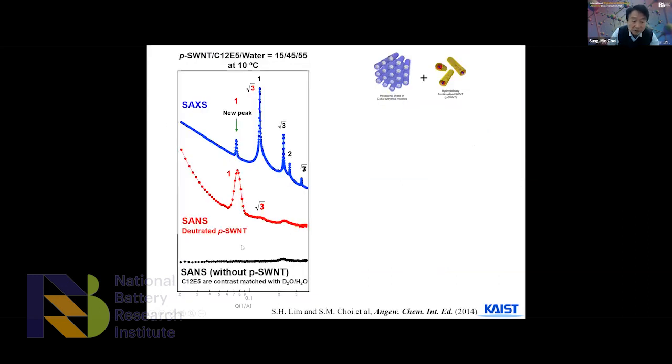So this is the contrast matched small angle neutron scattering. All these yellow to blue tubes are not visible, only the yellow tubes are visible. As you can see here, this new peak comes from the yellow nanotube.